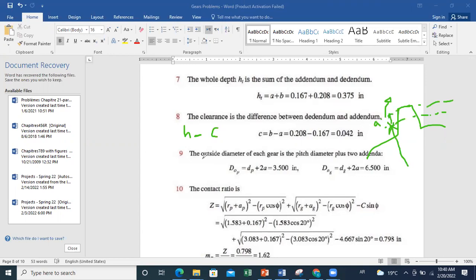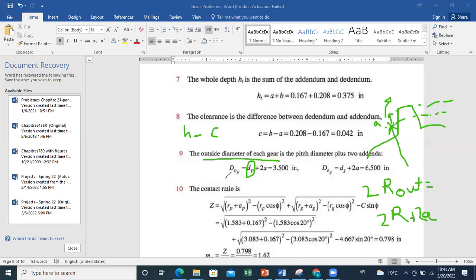Since they are asking for the outside diameter for each gear, all we have to do is add to the diameter of the pitch circle 2 times A, because the radius R of the outside circle is equal to the pitch radius R plus the value of the addendum A. Whenever you want the diameters, you just multiply by 2. 2R will give you the diameter of the pitch circle, and adding 2A to it, you get the diameter of the outside circle.